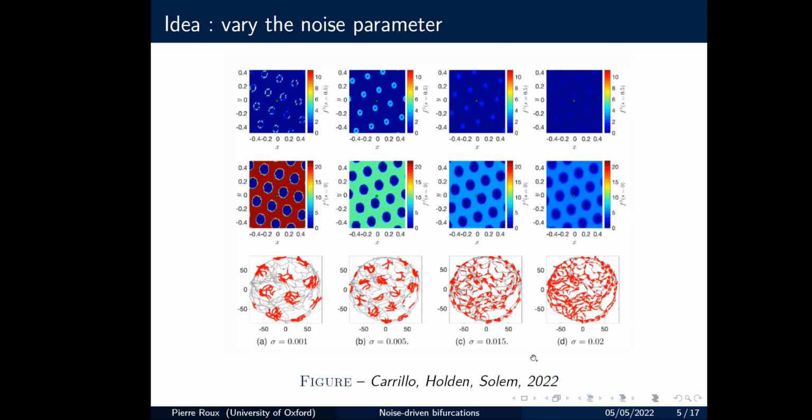You can see here in the previous study by Carrillo, Holden, and Solem that when you change the noise parameter, you lose the hexagonal shape. Like when sigma reaches 0.02, you have almost lost the specific pattern that helps the animal orientate in space. But you can see that if you just change a little bit the noise, it's kind of robust.